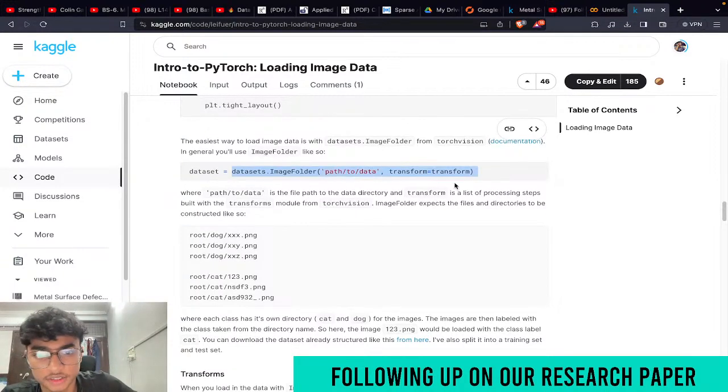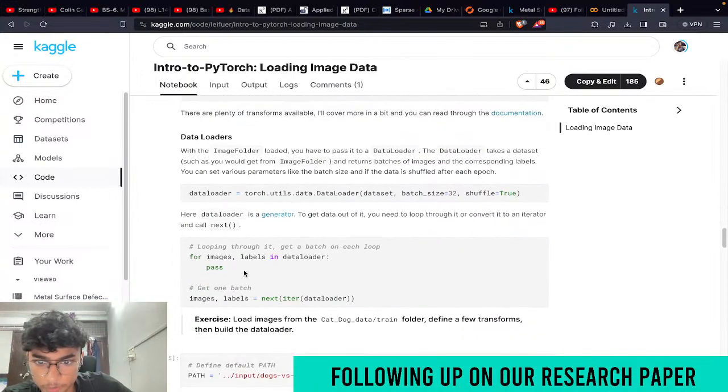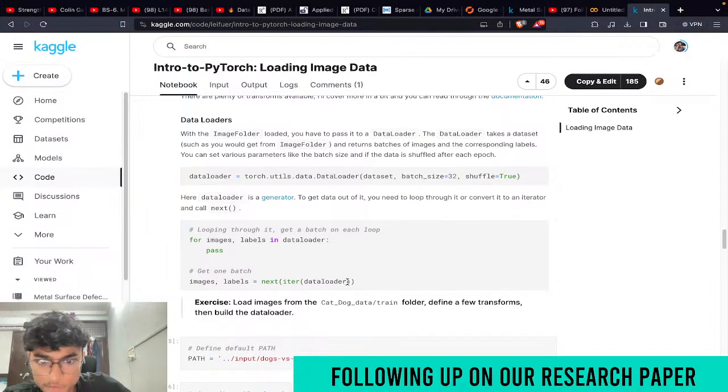Dataset is equal to dataset.ImageFolder. Okay, what it gives us, transforms. I know what transforms is. So what it gives us, what are the labels? Get this.